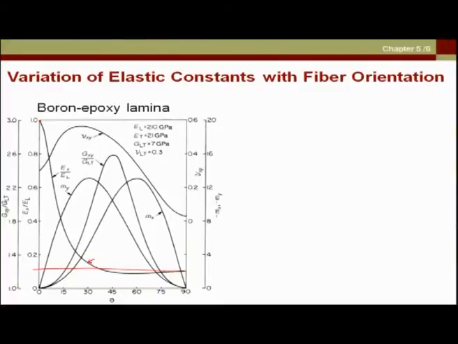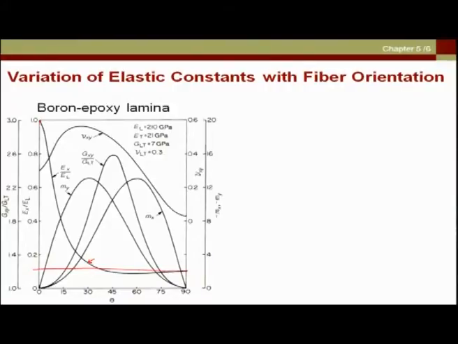Its value at 90 degrees is about 0.1 because Et is 21 GPa. Sorry, so it is not the minima. At 90 degrees it becomes 21 GPa, but it goes below that somewhere between 45 and 60 degrees.